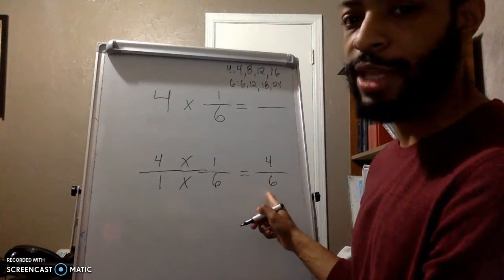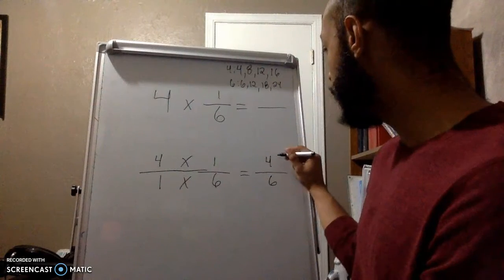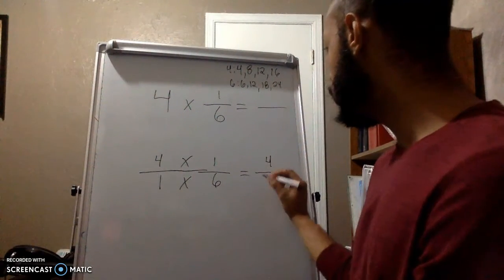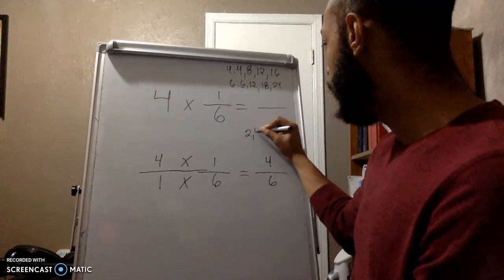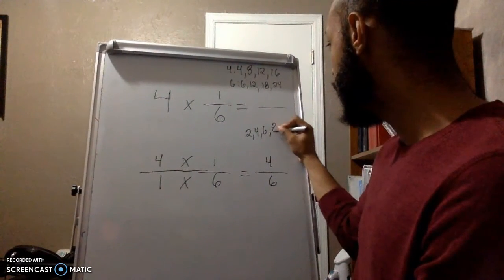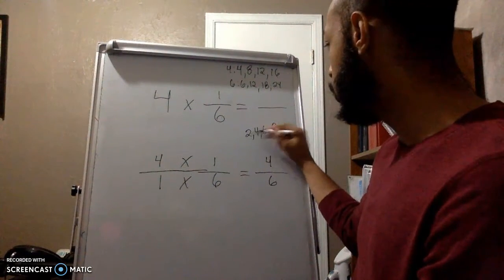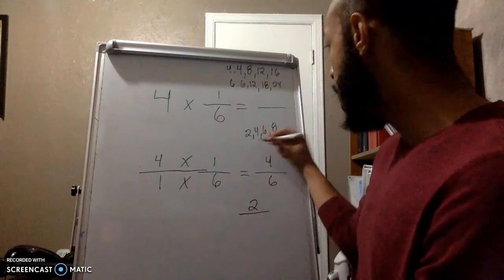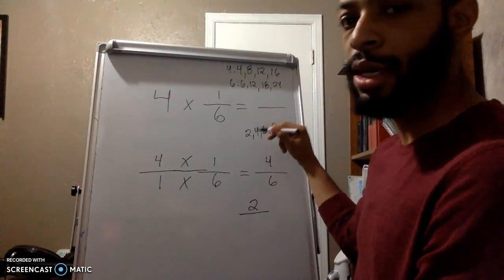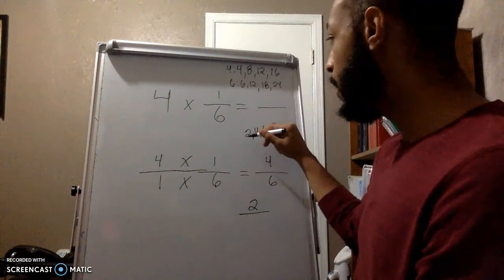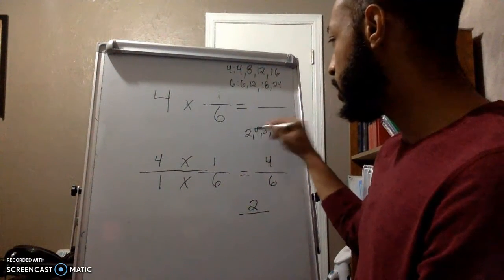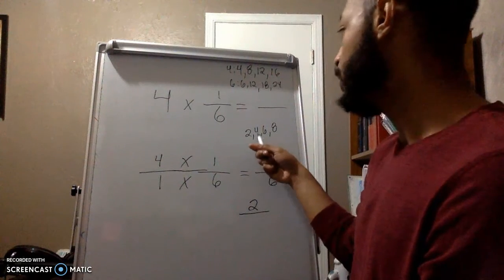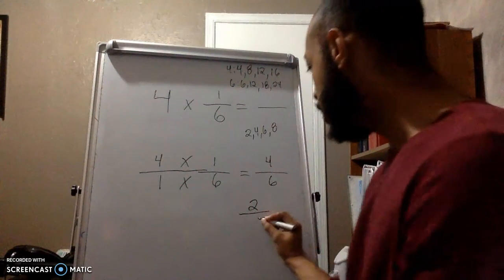But we can simplify that because 2 goes into both of these. 2, 4, 6, 8. Well, I counted 2 twice to get 4, so I could put a 2 there. And to get 2 to be 6, I have to count it 3 times. So I have to count 2 plus another 2 plus another 2.